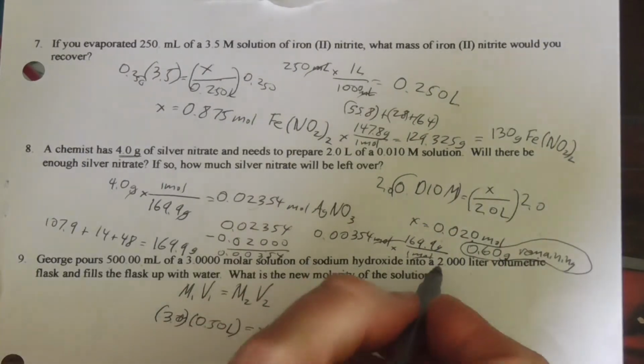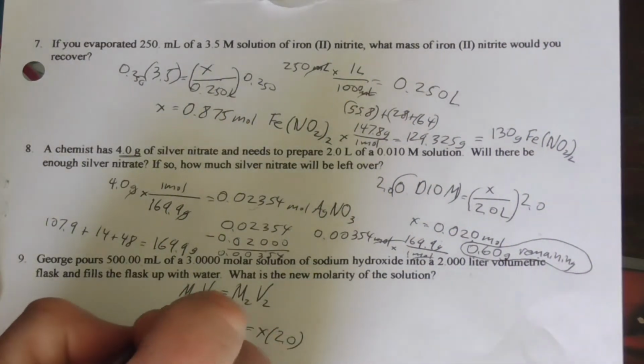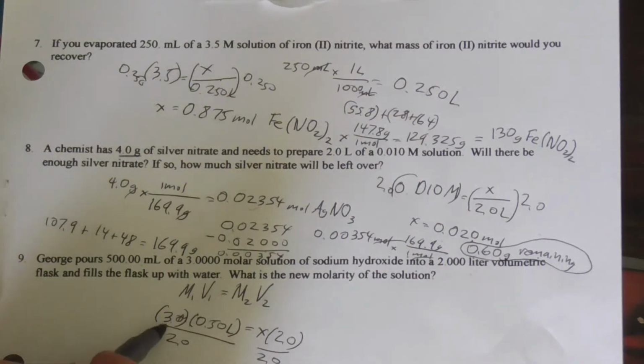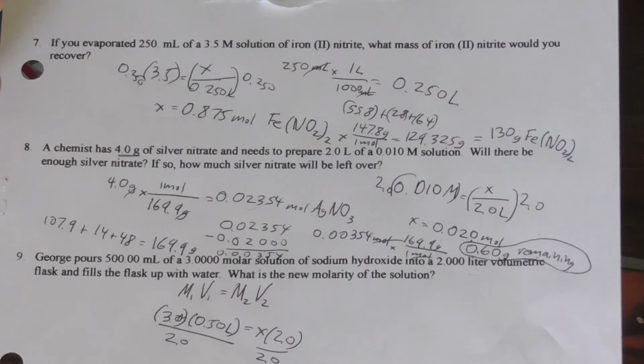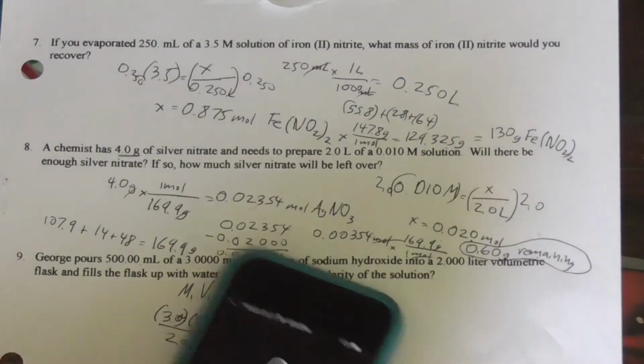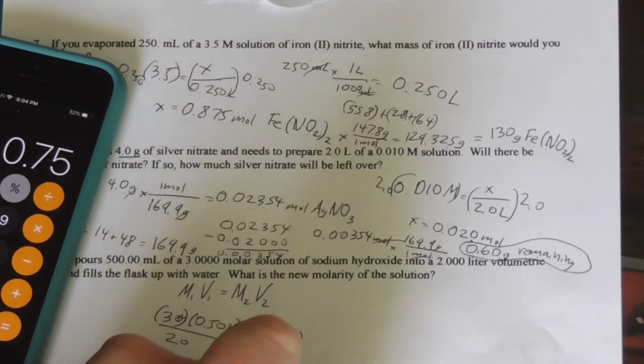I don't know that. The new volume is 2 liters. Okay, so on both sides, I have 3 times 0.5, which is 1.5, divided by 2 equals 0.75. So X equals 0.75.